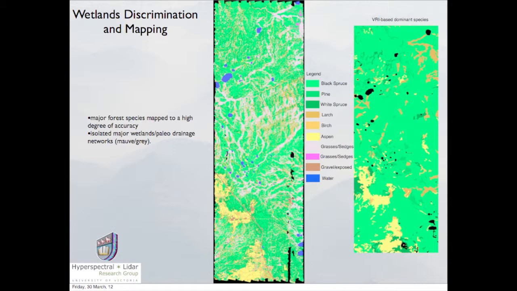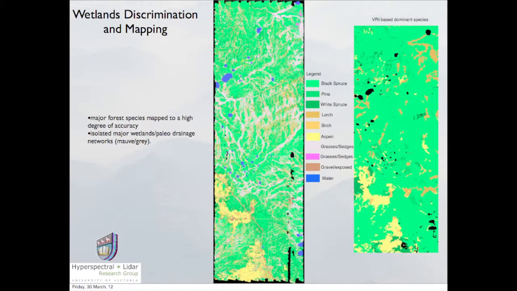This is a dominant species VRI map for this area. And superimposed on top of this are these immediate post-glacial surficial features. They're either recessional moraines, probably not because they're in the wrong direction, so they're probably shorelines, little beach lines.